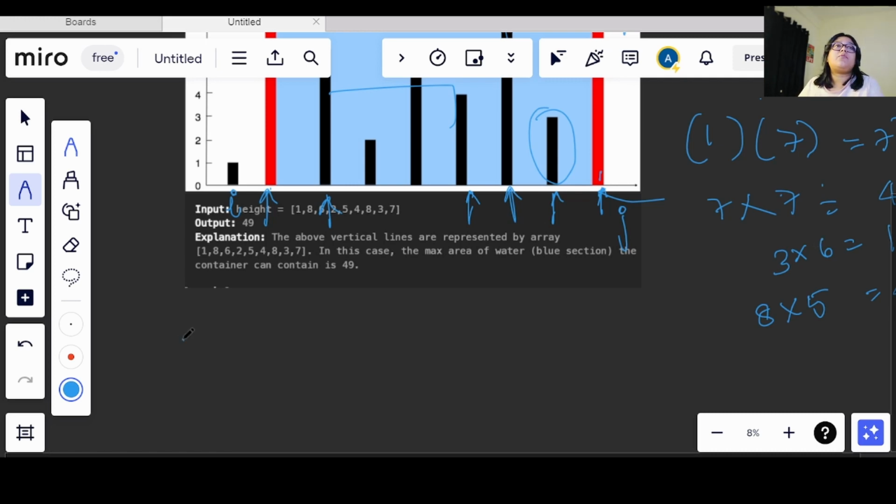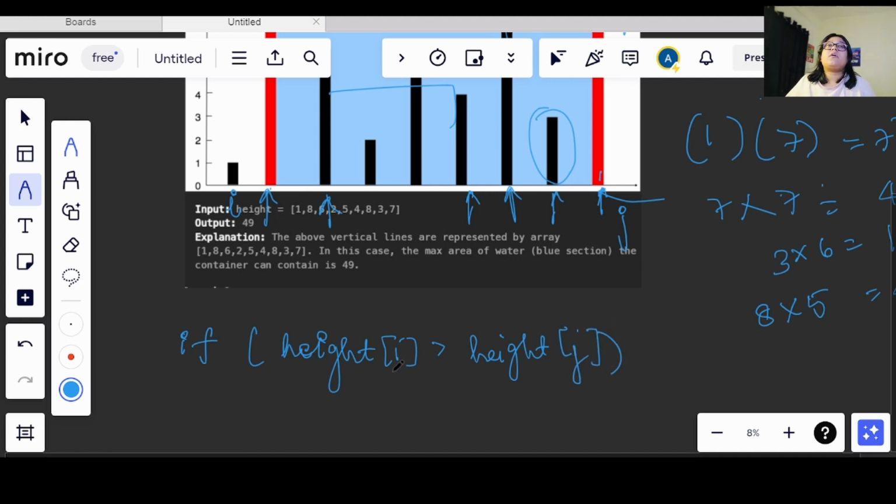One, what we are doing, we are comparing the height at i and j. So let's do that first. If height at i is greater than height at j, what we are doing in such cases, if j is lesser, then we are moving the j backwards, right?